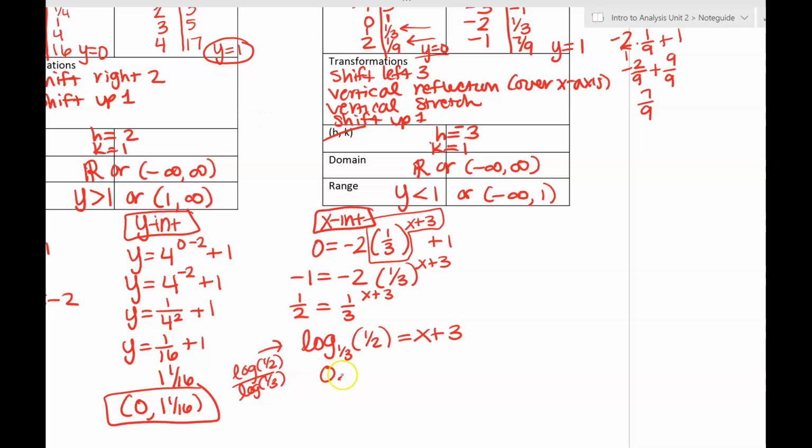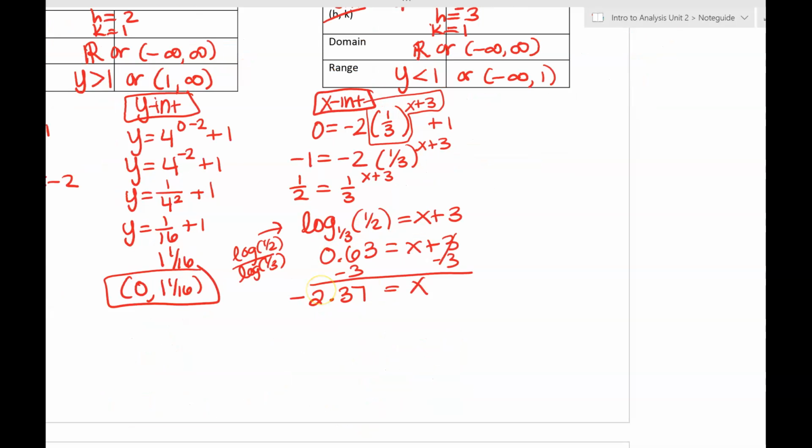So this is 0.63, and then I'm going to subtract 3 from that, and that's going to give me negative 2.37. So my x-intercept is negative 2.37 with 0.